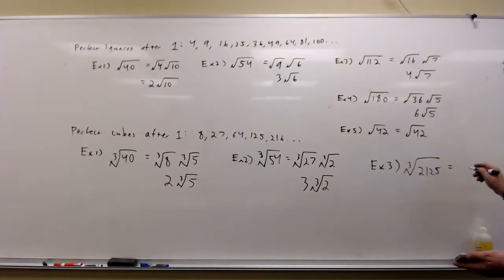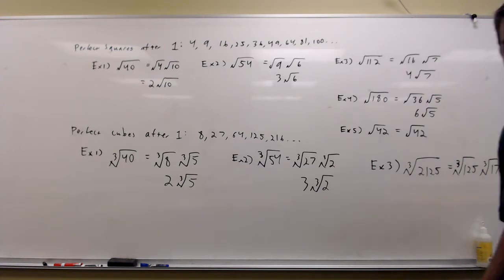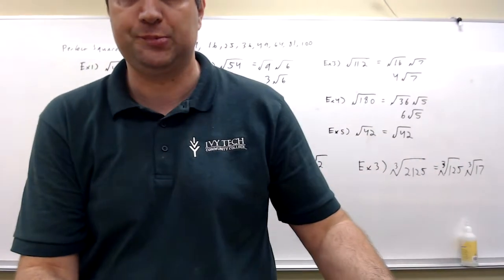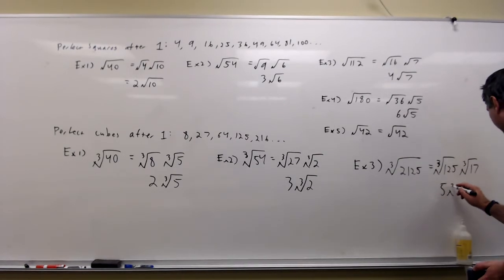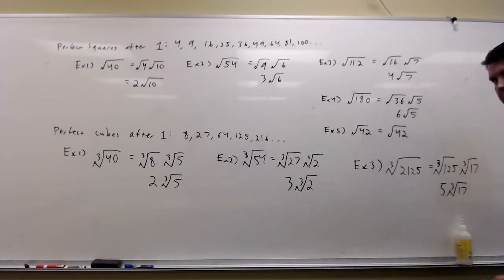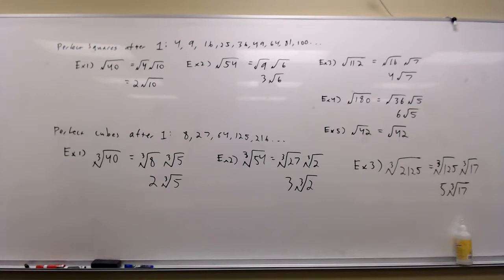So I have the cube root of 125 and the cube root of 17. And the cube root of 125 is 5. So I have 5 cube root of 17. Next, I'm going to involve variables.